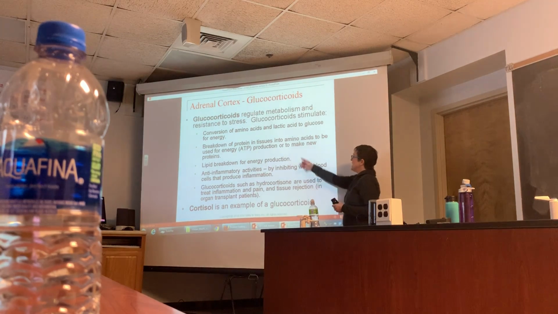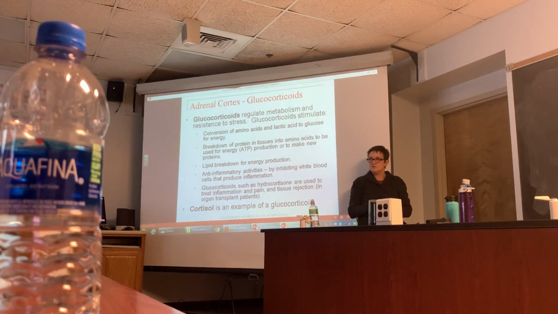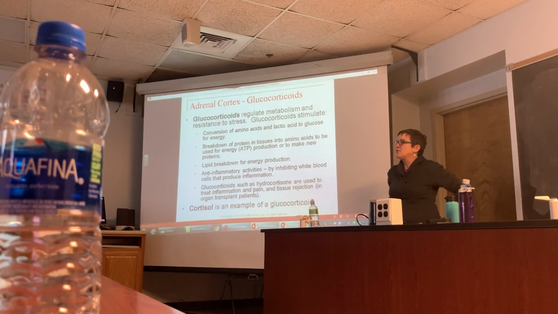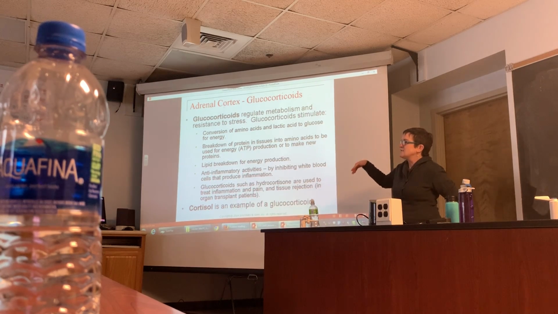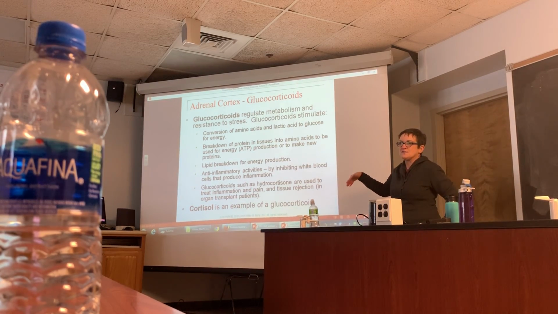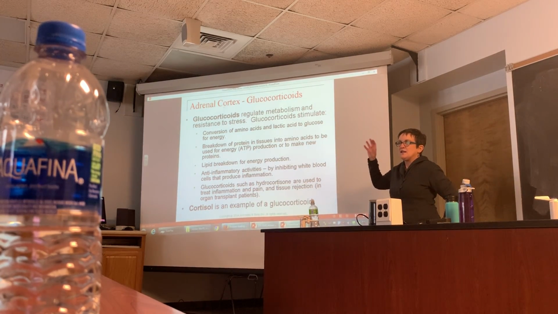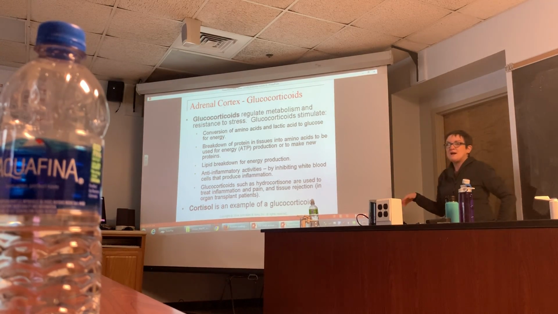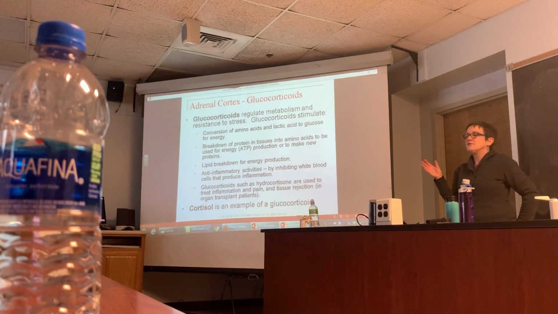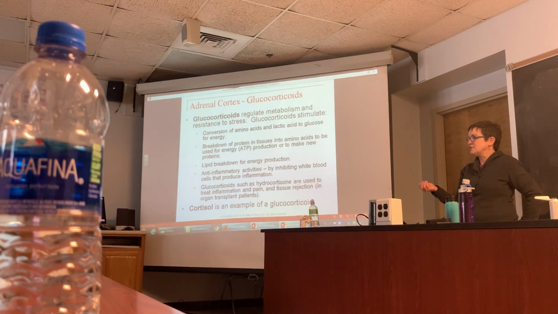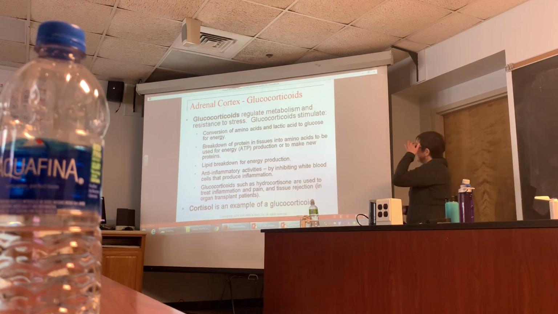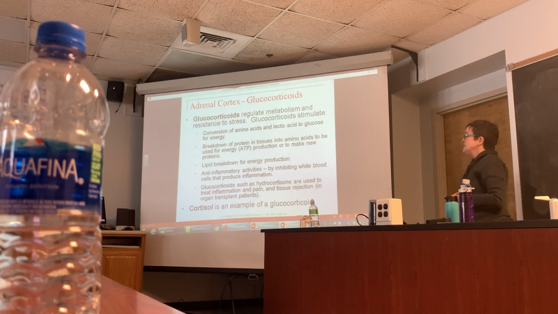You may recall that lactic acid is produced when muscles perform anaerobic pathways, and when they use that lactic acid fermentation pathway, the lactic acid is released into the bloodstream. It's actually lactate, but we're not going to get into that. It travels to the liver, and the liver then converts that lactate to glucose that can then be used for energy. So you get an increase in that conversion happening in the liver.